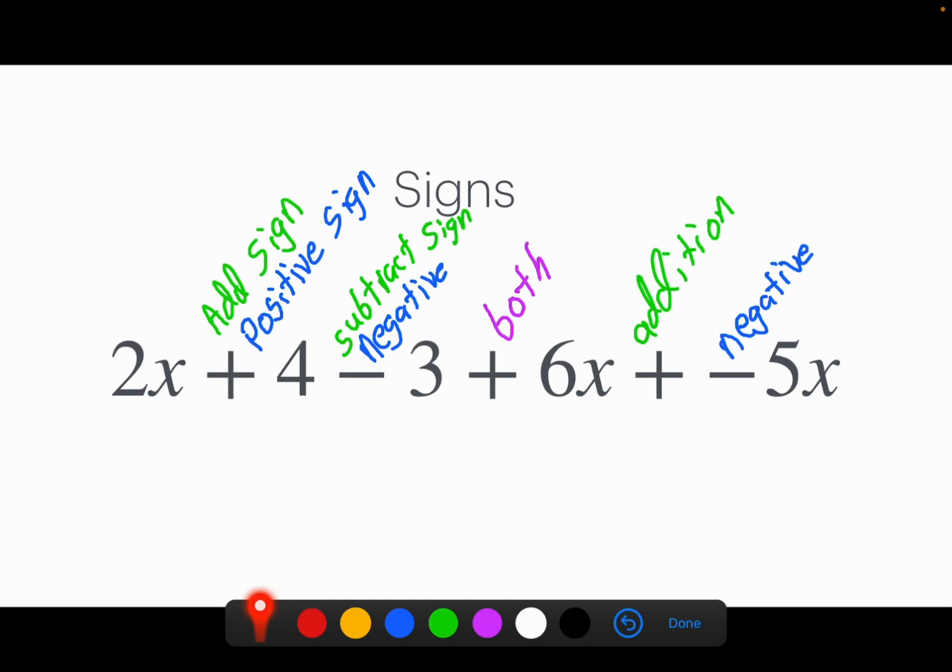This is an addition sign and a positive sign because we're adding, but it's also directly to the left of the 6. This is just an addition sign because we're adding these two terms together, but it's not directly to the left of a number, so it's just an addition sign. This is the negative sign because it is directly to the left of this 5.